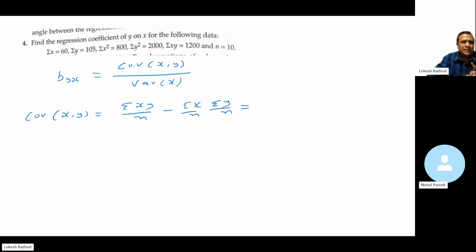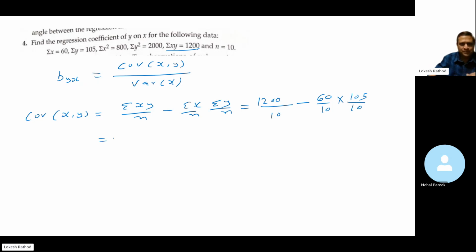Correct. So summation xy is given, n is given 10, sigma x is given 60 over 10, and sigma y is given 105 over 10.